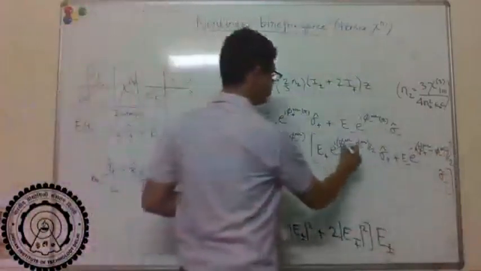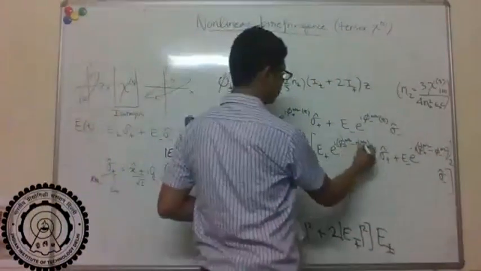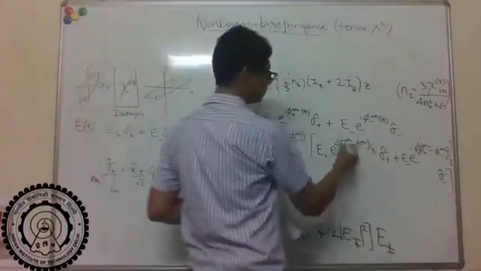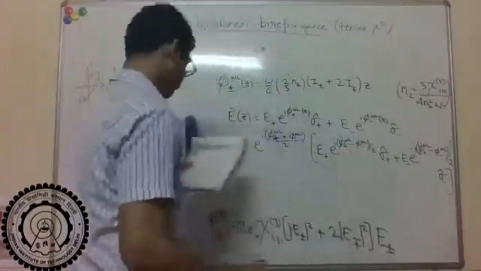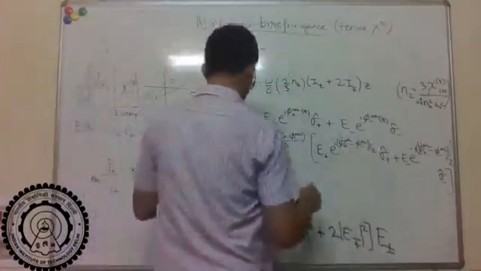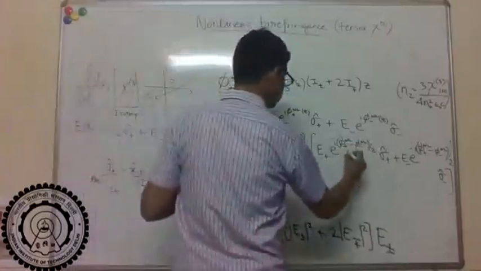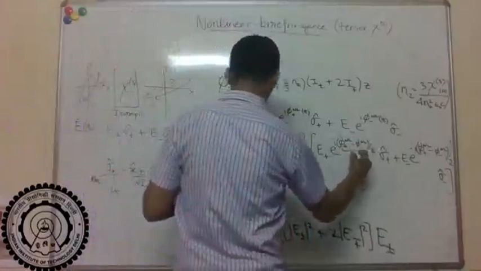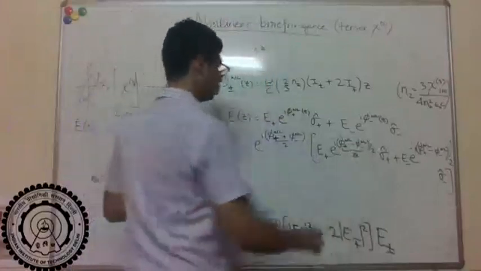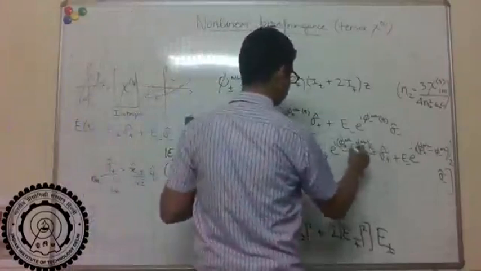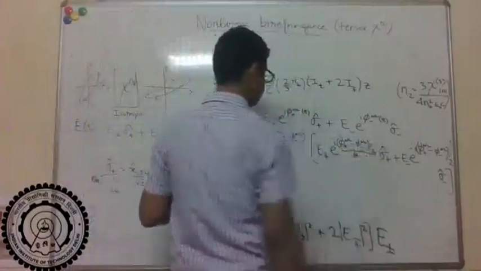And so this phi plus nonlinear minus phi minus nonlinear, that's the difference in the phase shifts of the two polarizations, right? So let me call half of phi plus minus phi minus, theta.